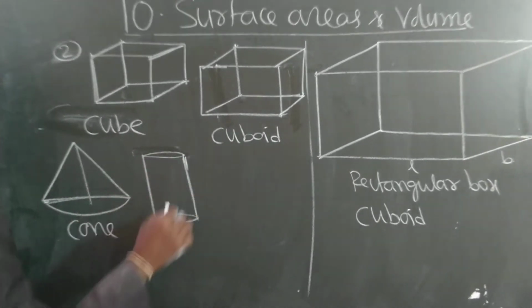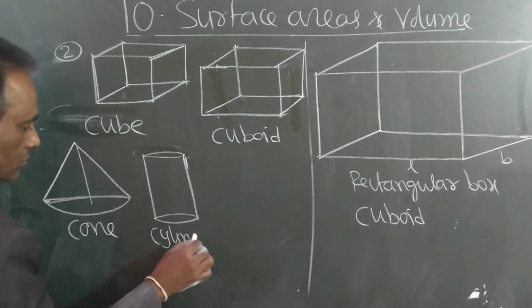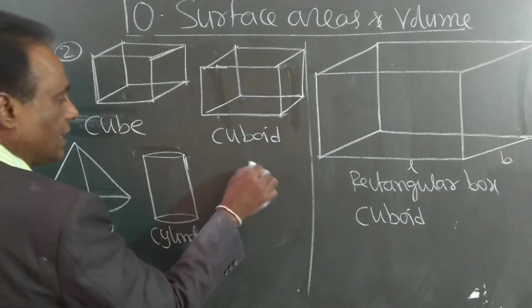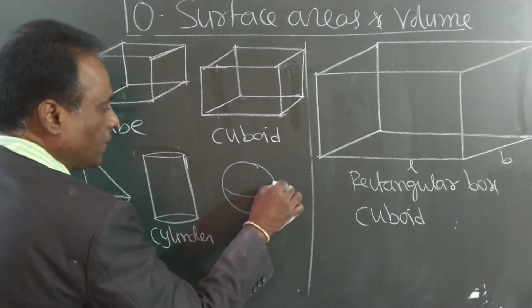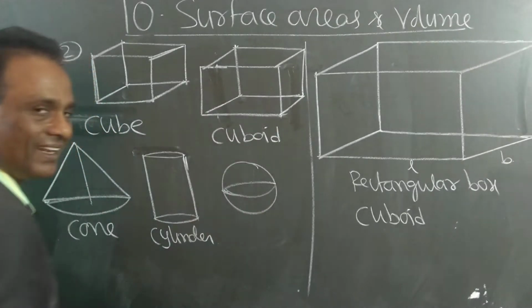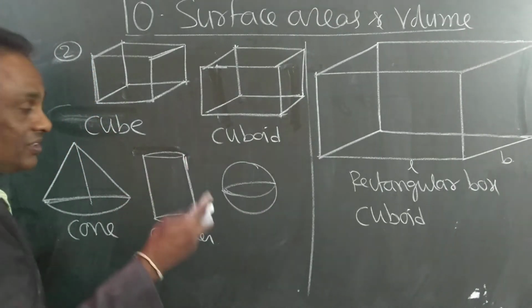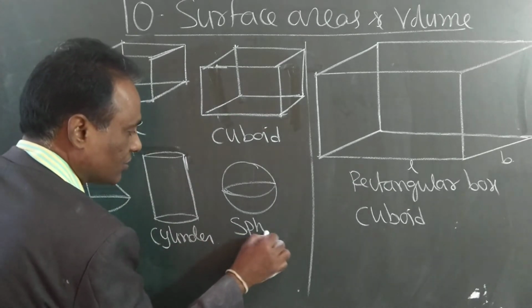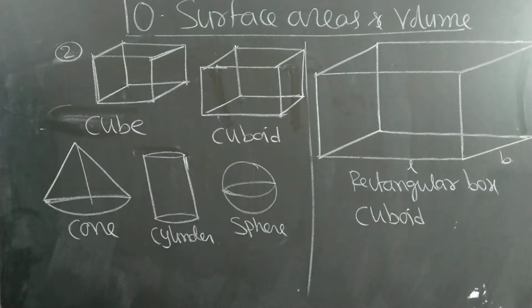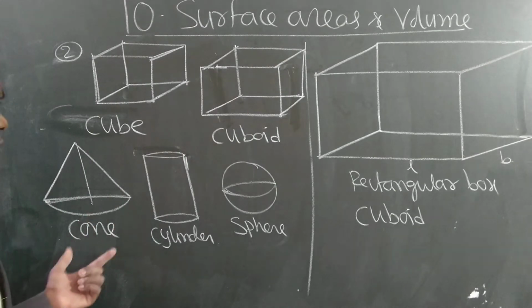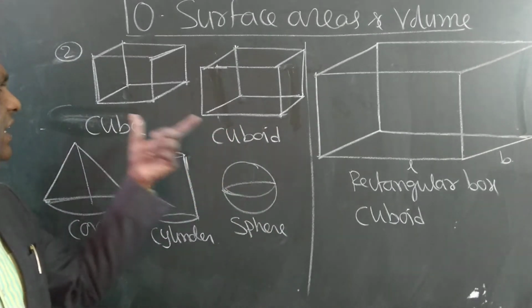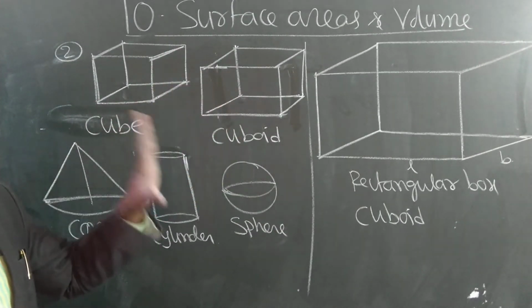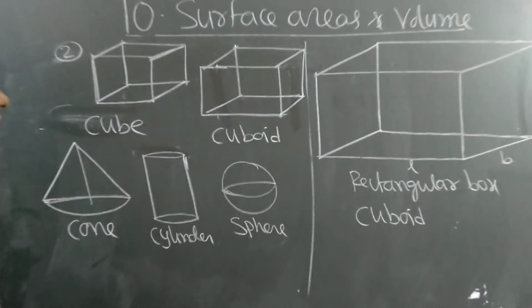And a ball. This is a sphere, not a circle. So this type of shapes, cube, cuboid, cone, cylinder, sphere, having length, breadth and height, are called 3D figures.